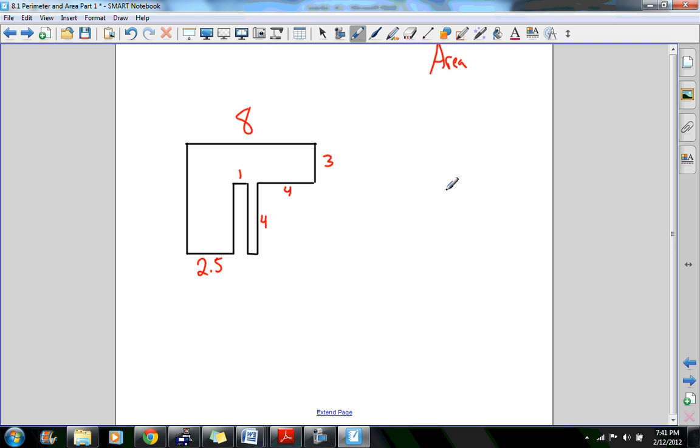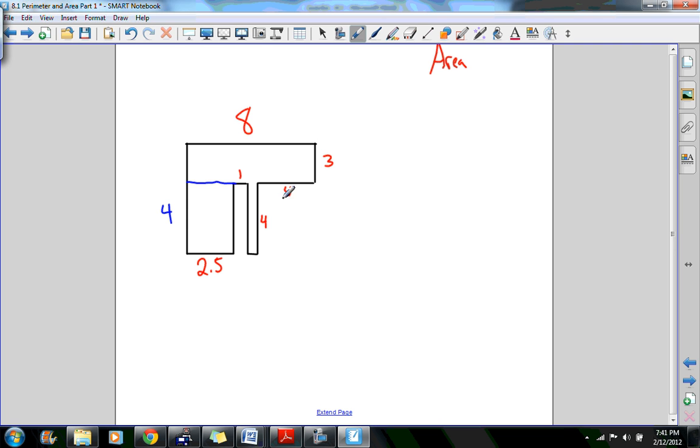So last thing we're doing is what we call composite figures, meaning we're given a figure that looks really strange, and we have to figure out the area. And the way we do that is by splitting it up into smaller pieces. Now, there's always going to be multiple ways to solve this, but I'm going to do this here because I know that if this height is 4, this has to be 4.